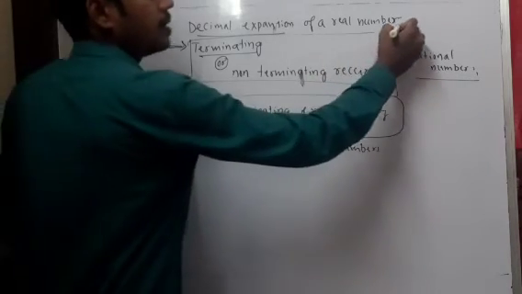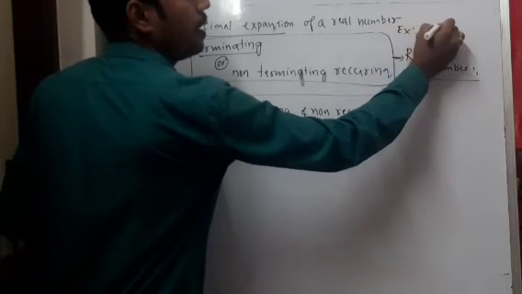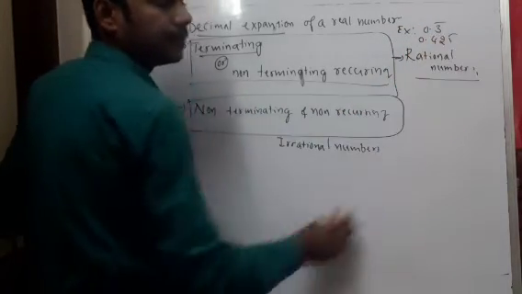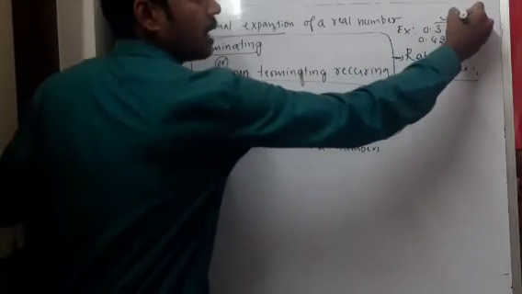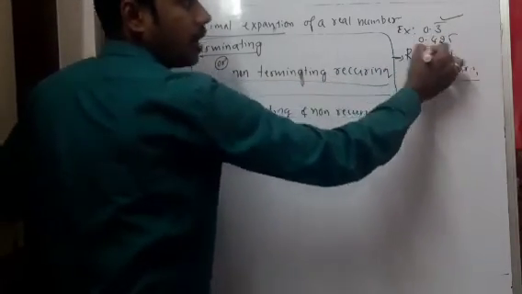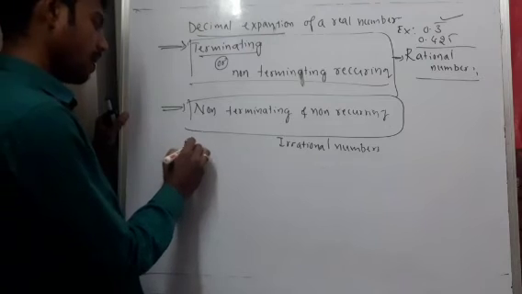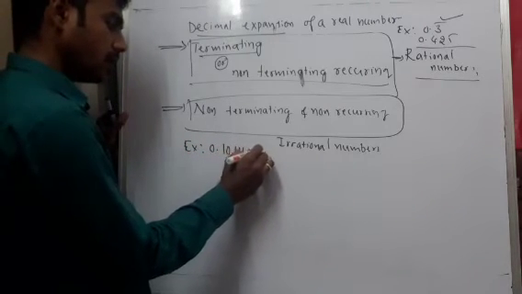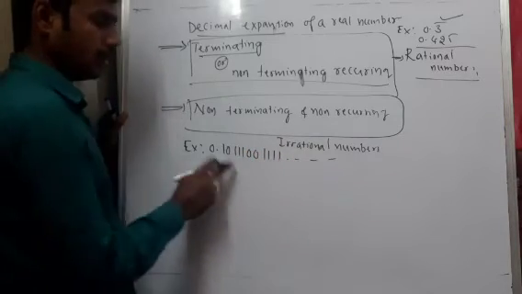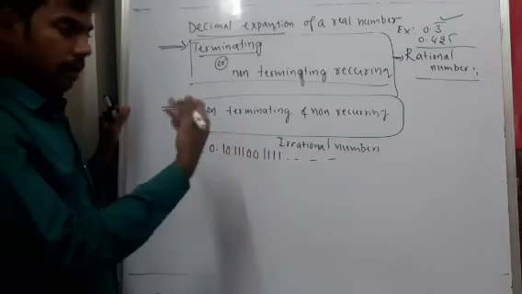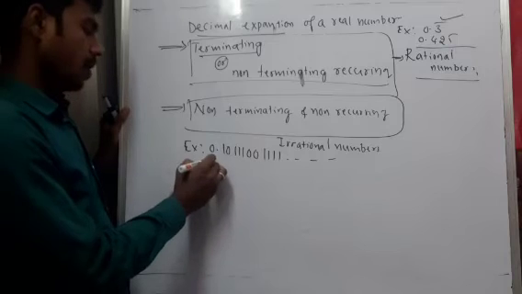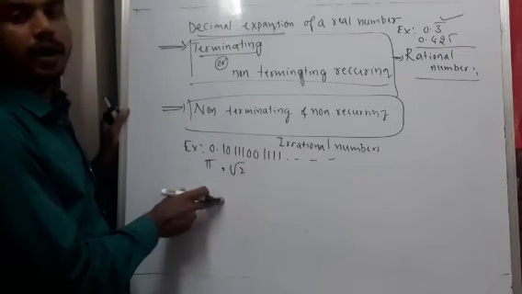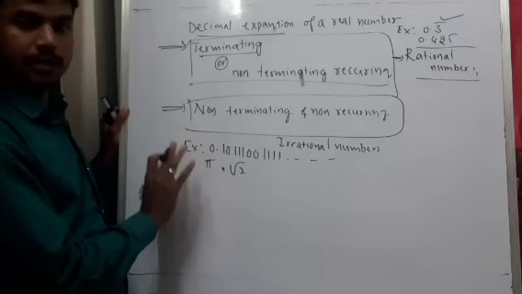Examples are 0.3 bar or 0.425. Here it is non-terminating recurring; here terminating. An example for irrational is 0.10111000111..., which is non-terminating, non-recurring. Even pi or √2 is an example of an irrational number. So this is a summary.